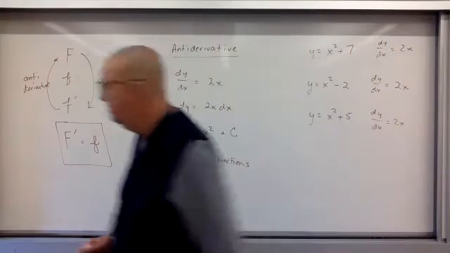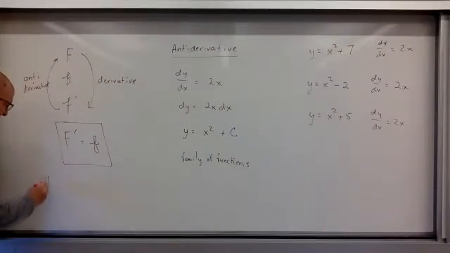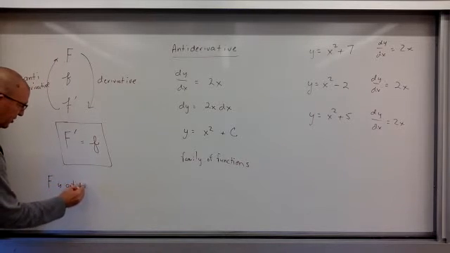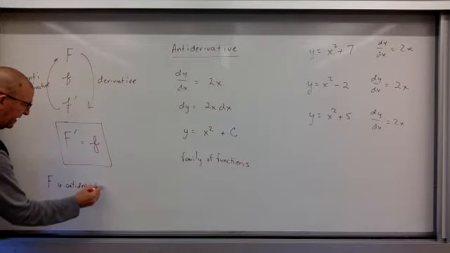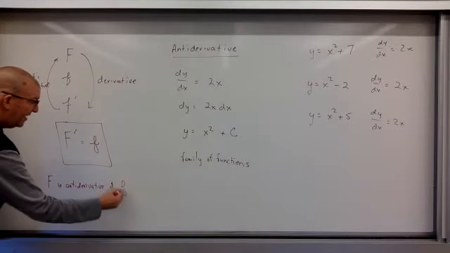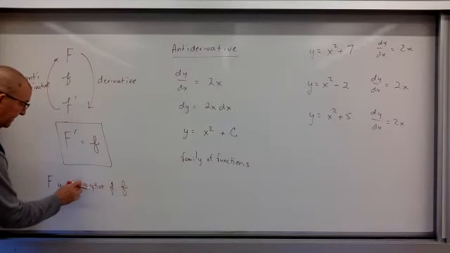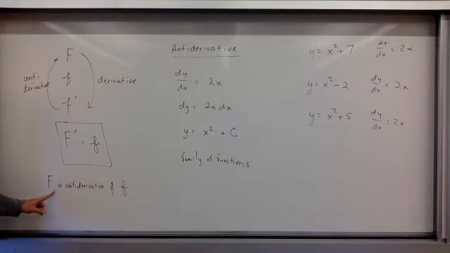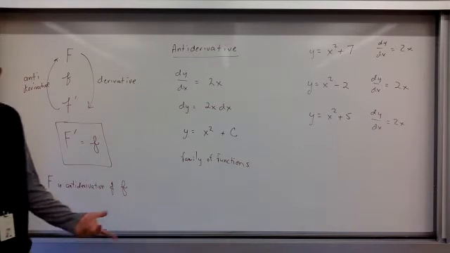Let's write that down. Big F is the antiderivative of little f. And unless we know a point on little f, big F always has a plus c on it.